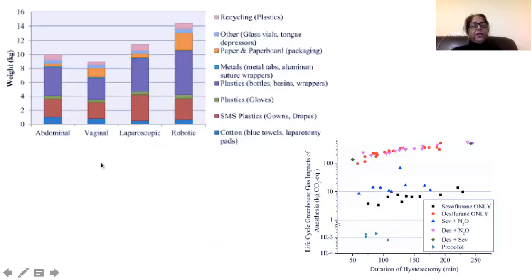And it was seen that robotic surgery was associated with the highest amount of carbon footprint as compared to the other approaches. It was followed by laparoscopic and then abdominal and vaginal. Why? Because robotic procedures are quite lengthy and involve a lot of disposables as well.